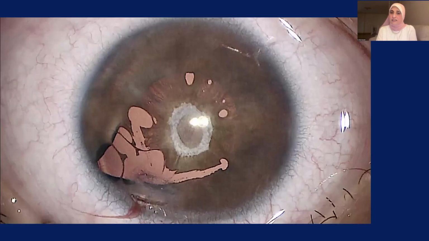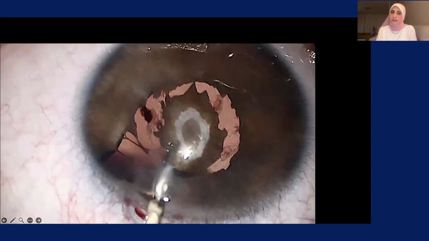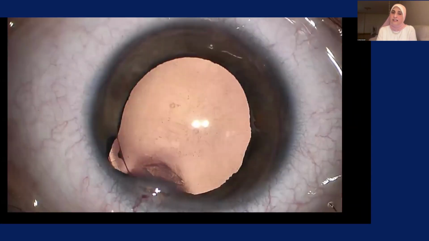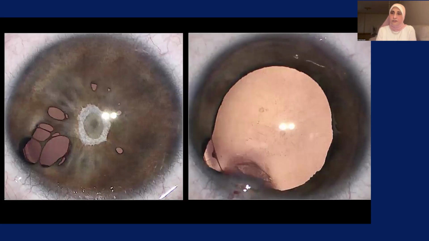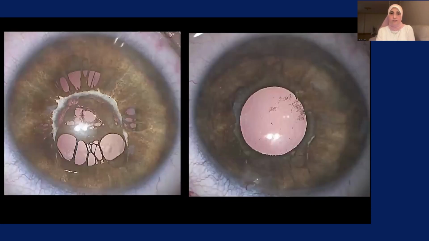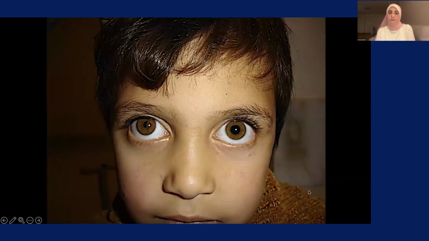Here the membrane is cut easily, and you can see here even the edge of the pupil against red reflex, and there is here an iris coloboma. We cut the membrane and get it outside, and here at conclusion of surgery, this is before and after clearing the visual axis. Here another case before and at conclusion of surgery, and the pupil is perfectly exposed.